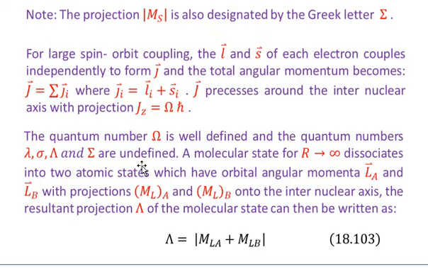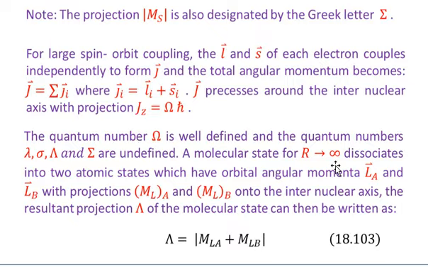So you see that for many electron systems, the quantum numbers which we usually use for individual electrons, lambda and sigma, and for more electrons, capital lambda and capital sigma, are not defined. So only one parameter, capital omega, is well defined.